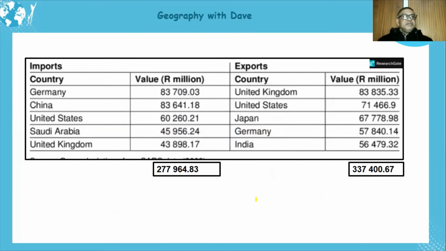Let's look at this, imports and exports. When we look at imports, who we buy from, Germany, we've got a few countries here, and just imagine this was an overall import-export. I took it and totaled it, and I noticed there were more exports than imports. Is that a good thing or a bad thing?